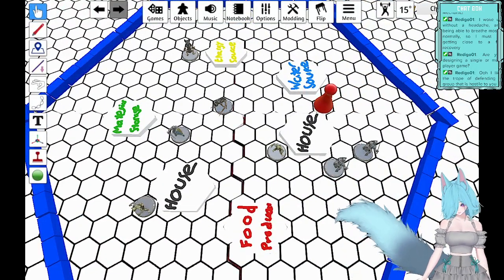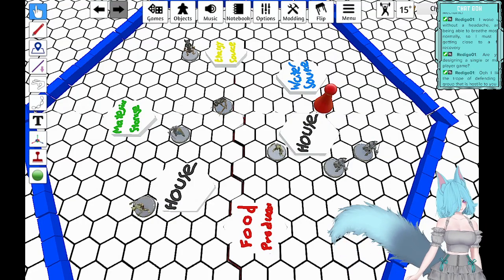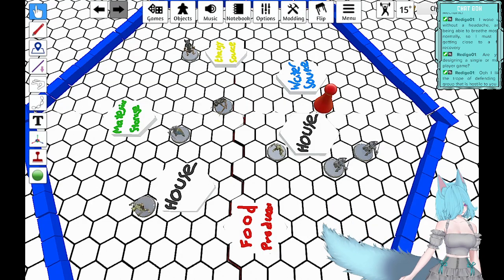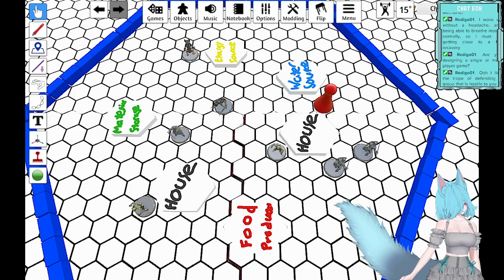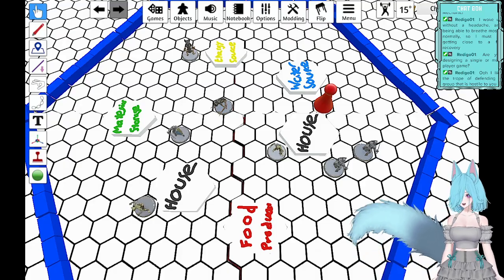No, this was the second turn, right? Was this the second or third turn? I think this was the third turn. I need to add a turn counter.